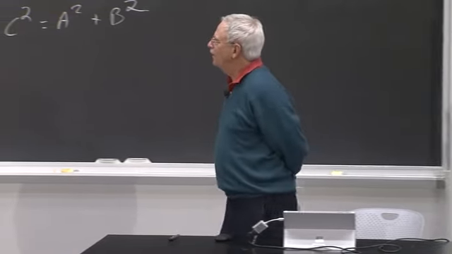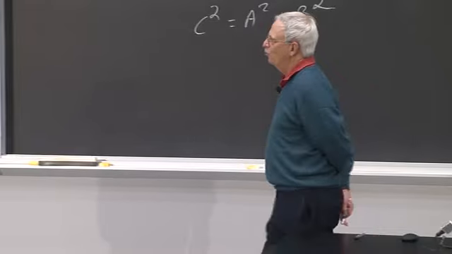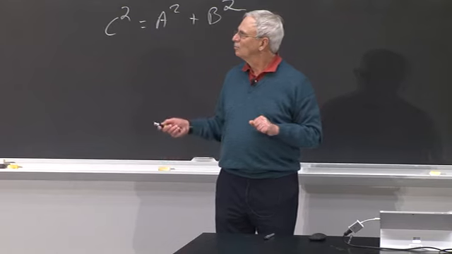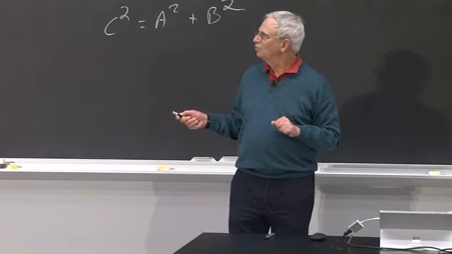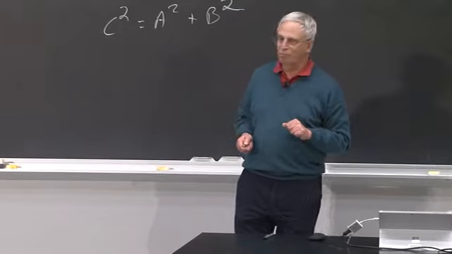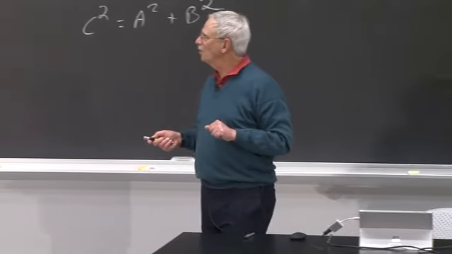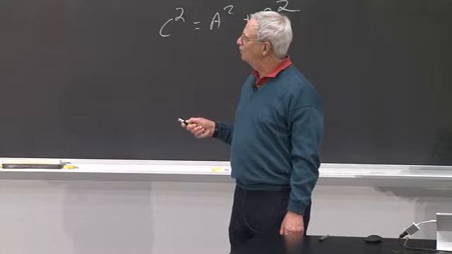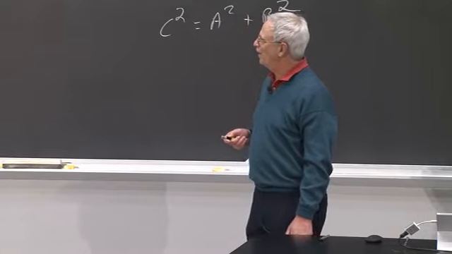Well, let's look at the ending location. So here you see a rather different kind of plot. Here, I'm showing that you can plot these things without connecting them by lines, and giving them different shapes. So what I've said here is that the masochistic drunk, we're going to plot using red triangles.